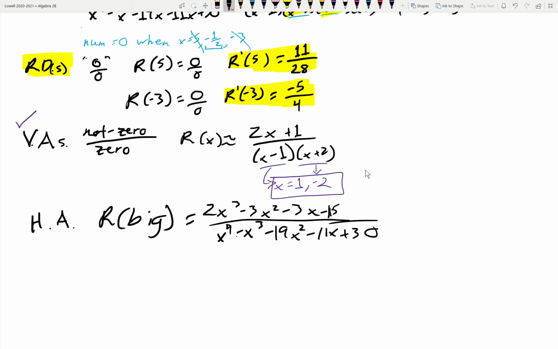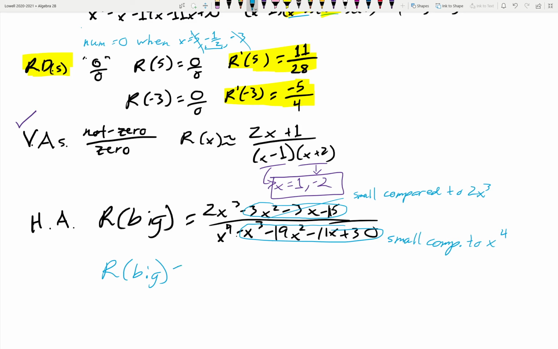In the numerator, these terms are really small, pretty much negligible compared to 2x cubed. Likewise in the denominator, these are small compared to x to the fourth. What this lets me say is that when x is big, this function is effectively really close to just 2x cubed over x to the fourth, which simplifies to 2 over x.